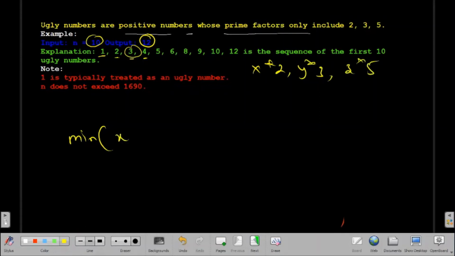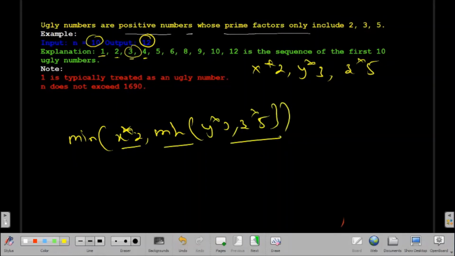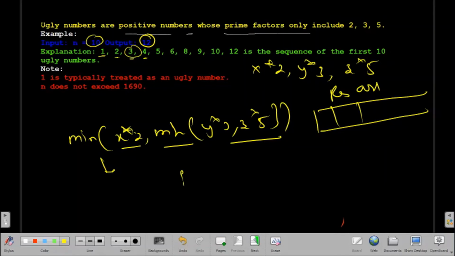We'll find the minimum of these numbers and add it to the result array. And I will not increase all indices. If my x value was 1, it will increase to 2, but I will not increase y and z, I will just increase for 2.